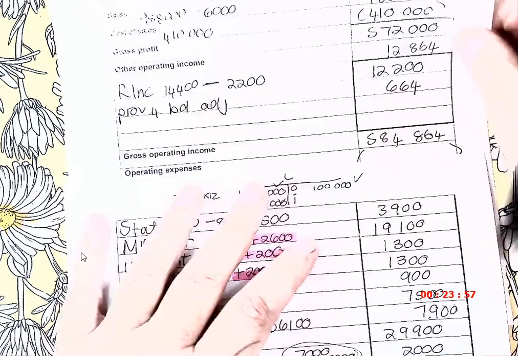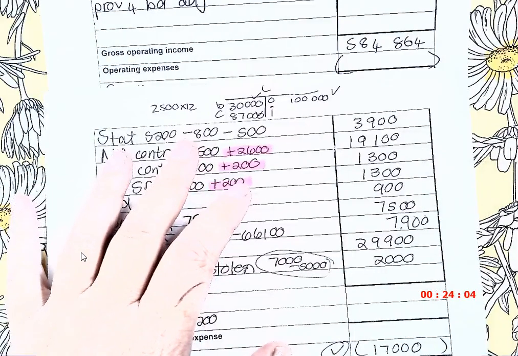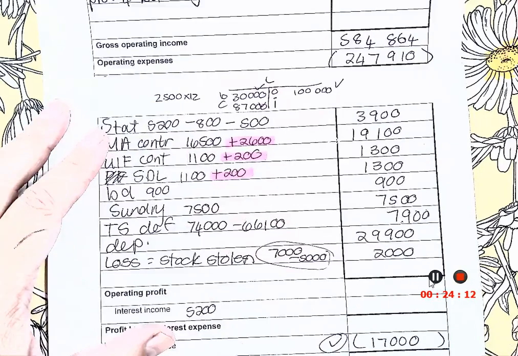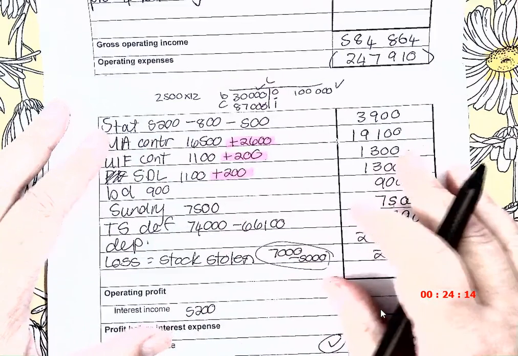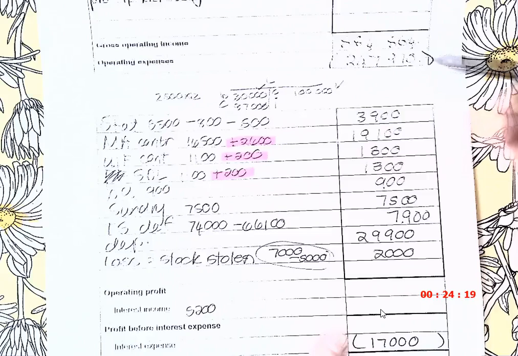If I block and top, I get. Remember, I'm closing the top parts, right? So don't think this is all the expenses. It's a lot of numbers, man. I know. So let's see. Okay. Now to get the operating, I'm going to say gross less operating expense gives me operating profit.